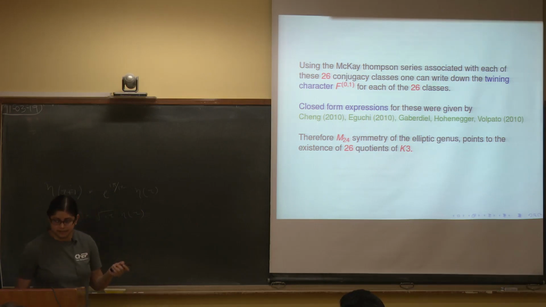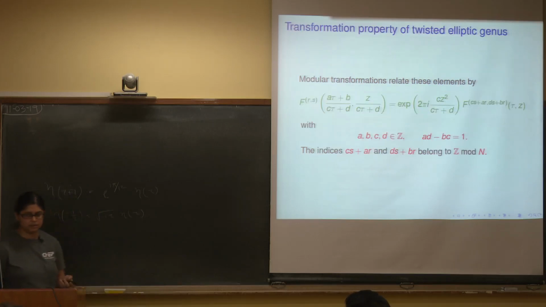And this M24 symmetry of the elliptic genus actually points to the existence of 26 quotients of K3, but the construction of those is not yet, as far as I know, known that well.